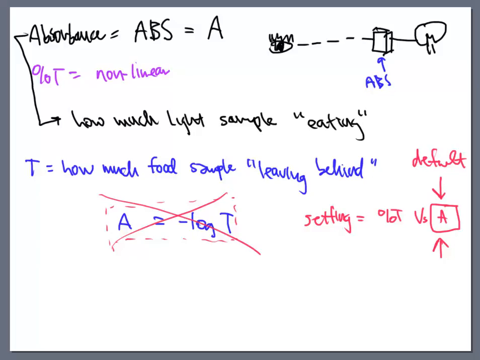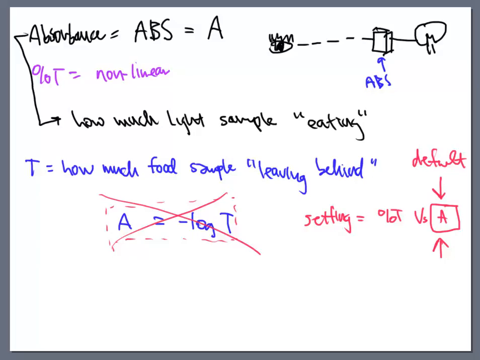And the numbers will begin to be popped out in percent transmittance on me, but not in absorbance. Be careful if you're asked to use this equation on a test or on an exam, hint, hint, then it will make you convert your percentages over to a decimal.